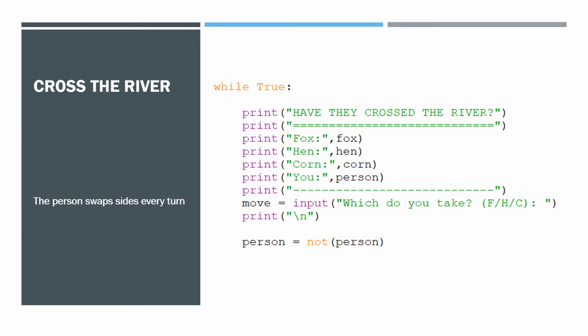Here's the code that you need. I've added one extra line to the program. This line will swap the person from one side of the river to the other. It's inside the while loop, so it will repeat every single turn.